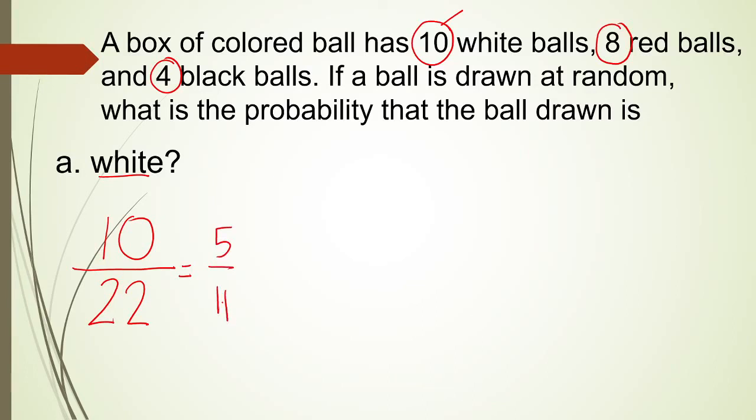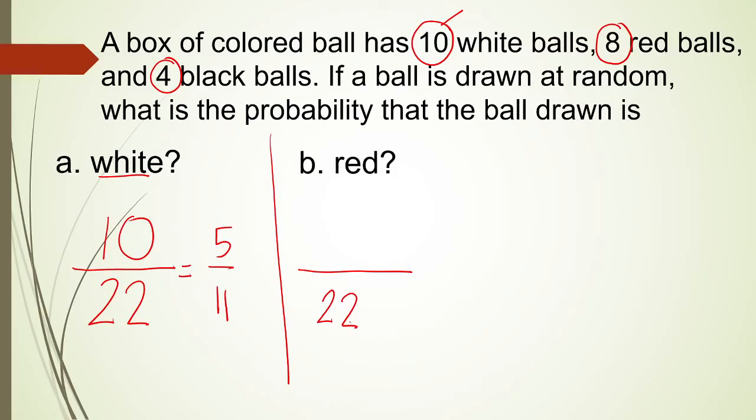Okay, there you go. What if I'm going to be asking you a red ball? What's your... Still 22, ang denominator, because all in all, there are 22 balls. How many red balls are there? Oh, 8 atong numerator. Reduce that. What is 8 over 22?